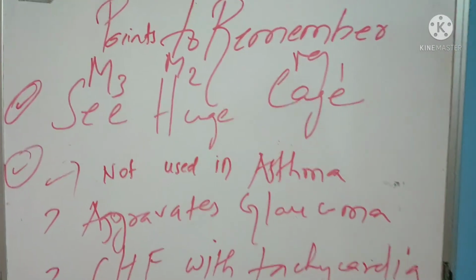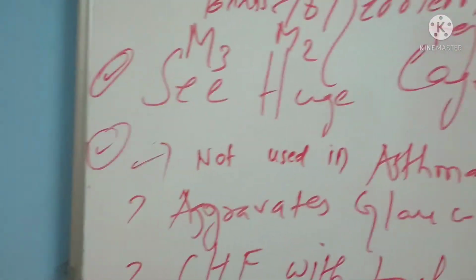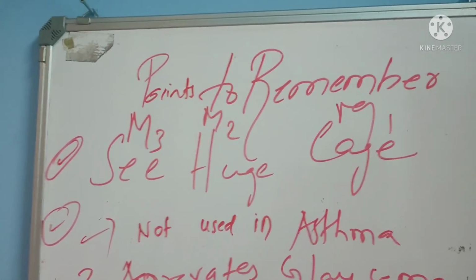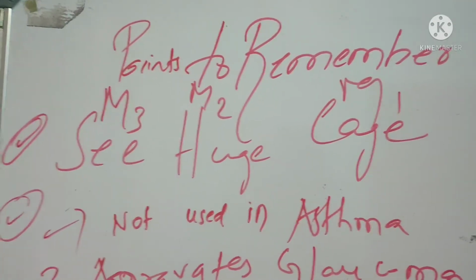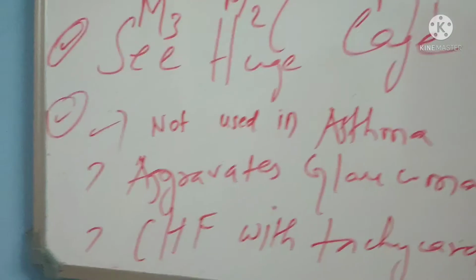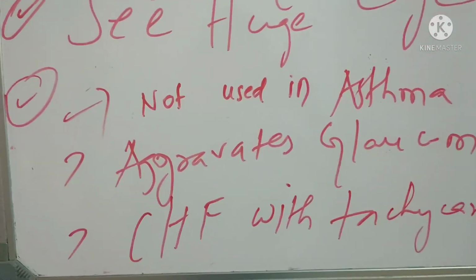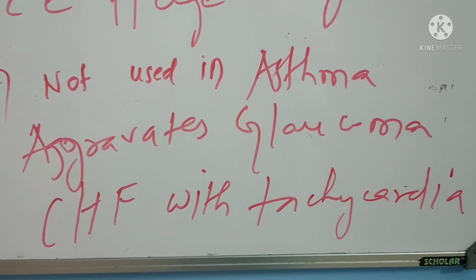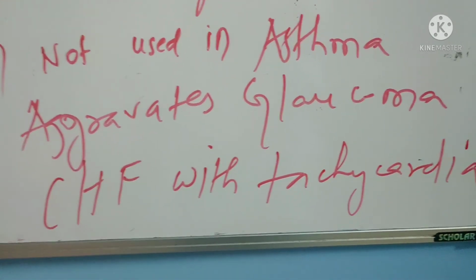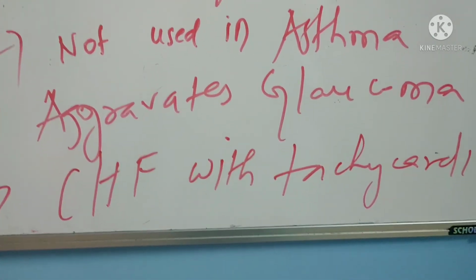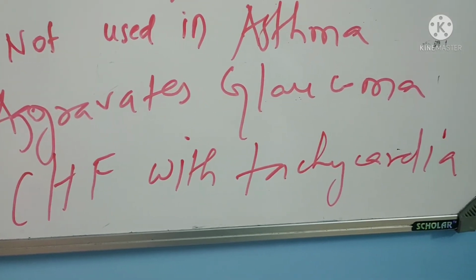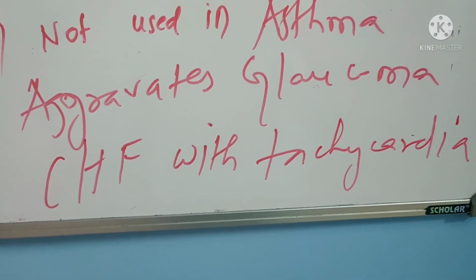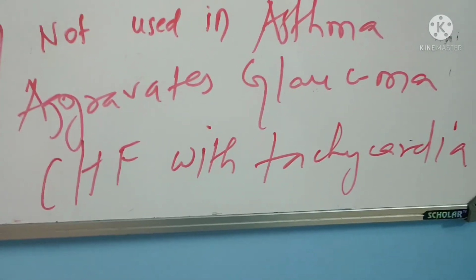What are the points to remember? See the huge cage is the important mnemonic you have to remember. With this mnemonic, you can write the pharmacology, its actions, its indications, and you can remember too. Next, it's not used in asthma since it reduces the bronchial secretions, and it aggravates glaucoma because it causes paralysis of ciliary muscles and cycloplegia.